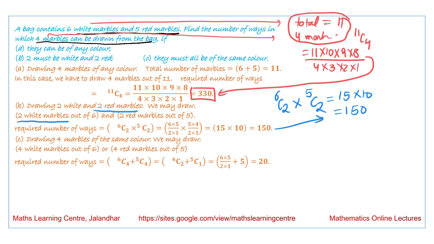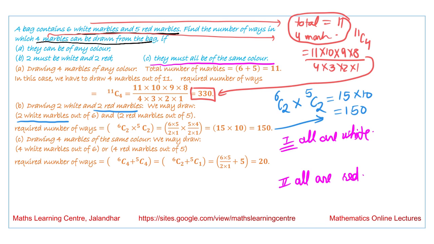The last case is they must be all of the same color. So if they are all of the same color, we are talking about 2 cases. First is that all are white, and second is that all are red. If all marbles are white, we have to choose 4 marbles out of these 6 marbles.